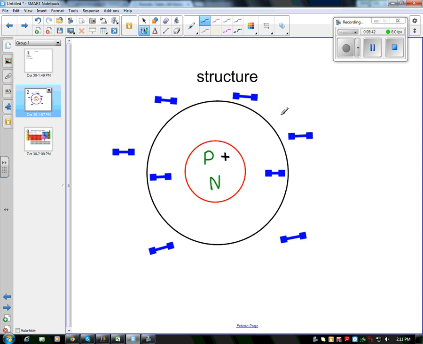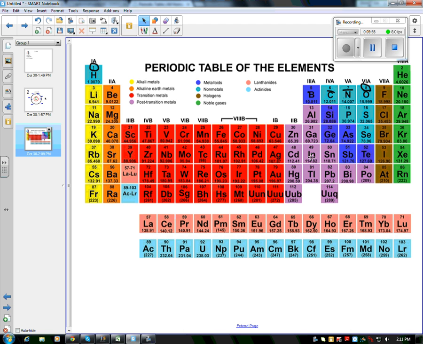All right. Let's say I look at this element and I see 12 protons. And Gage could go over, or Nisa could go over here and look at this and say, that's magnesium.